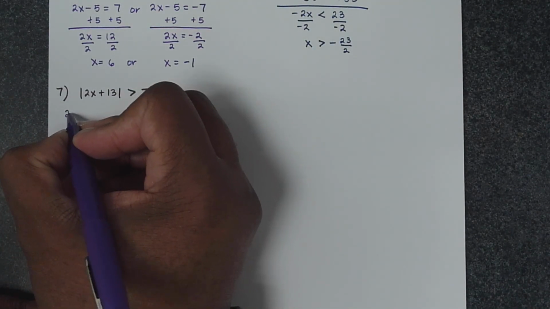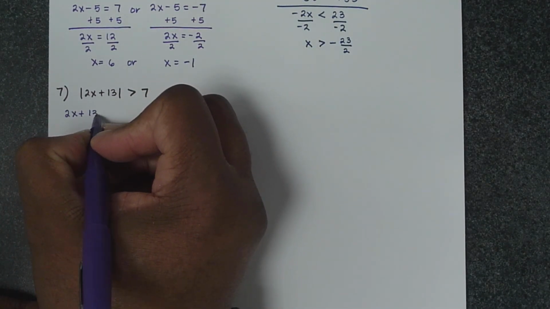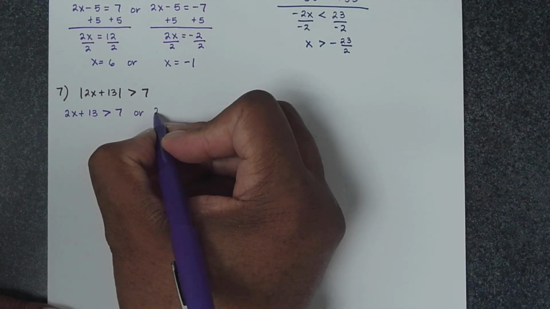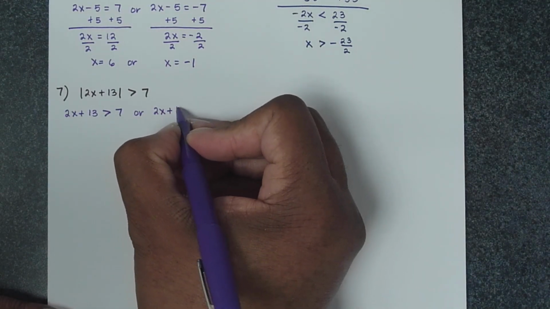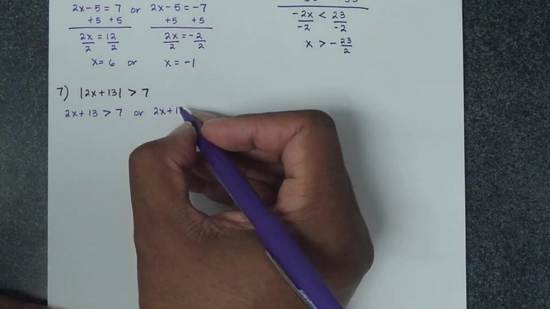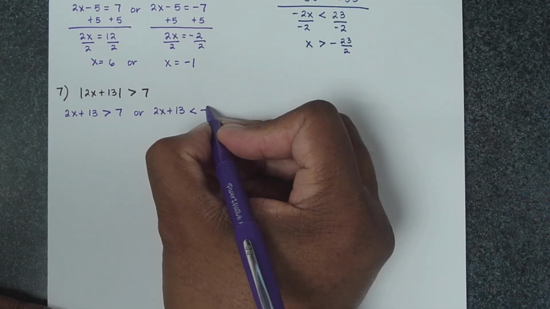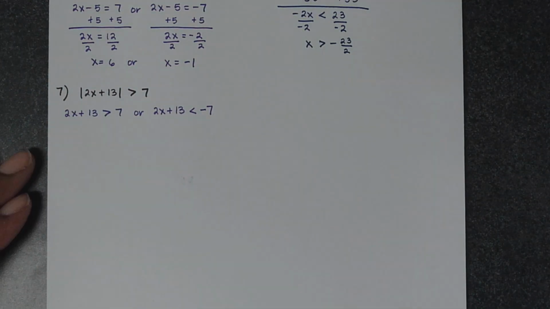The first one would be 2x plus 13 is greater than 7, and then or 2x plus 13, this greater than symbol will change to less than. Positive 7 changes to negative 7. Okay, so you might have to refer back to section 1.7 on how we write absolute value inequalities.